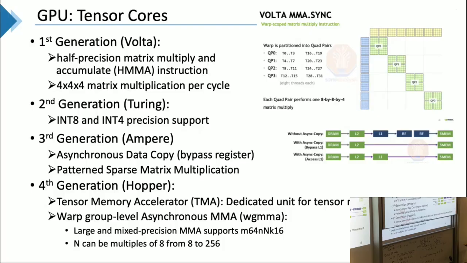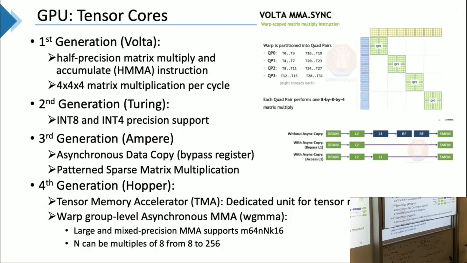And in the third generation, they have more features. One of the most important features is that they support sparse matrix multiplication. This is related to another concept we will introduce later in this lecture, called pruning. When you do pruning, if you have a weight matrix, you zero out some elements at certain locations, which leads to invalid computation because the result ends up being 0.